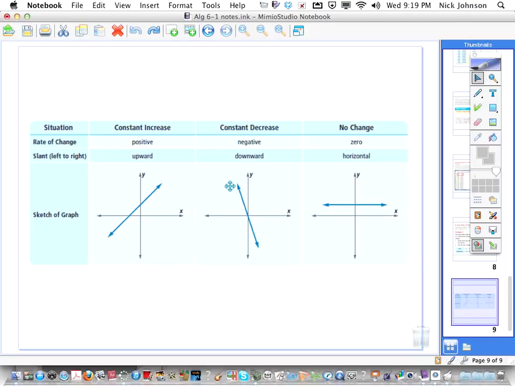When you have a rate of change that is negative, that means you have a downward slant, which means your line is going to go down from left to right, as in this case. If you have a rate of change that has no change, that means your rate of change is 0. What you have is a horizontal line. A horizontal line is a flat line going left to right.